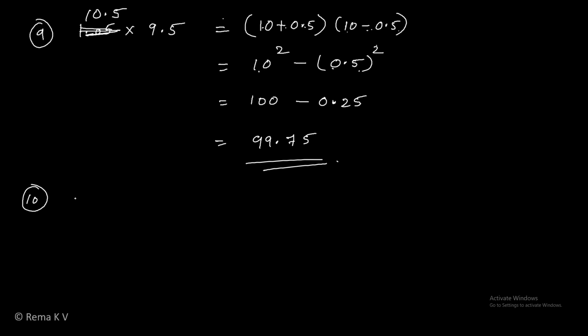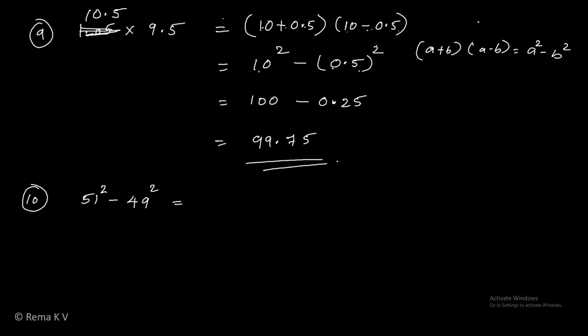So let us do another one. 51 square minus 49 square. See, here we are applying the identity a plus b into a minus b is equal to a square minus b square.